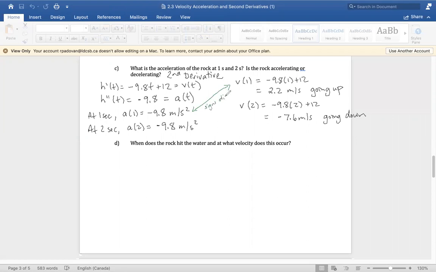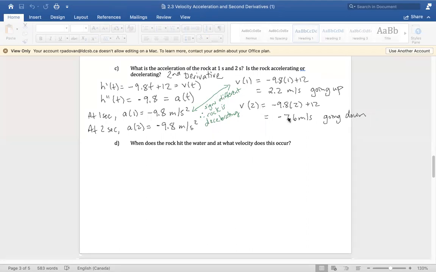The signs are different. So that means that it's slowing down, right? So the rock is, therefore, decelerating. So kind of like pushing on the brakes. Well, we'll talk about that after. Let's talk about the next one and then I'll go back and talk about that.